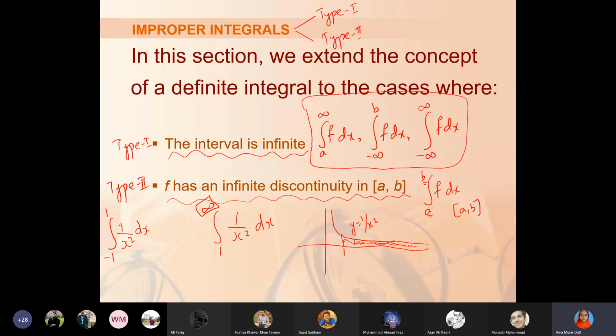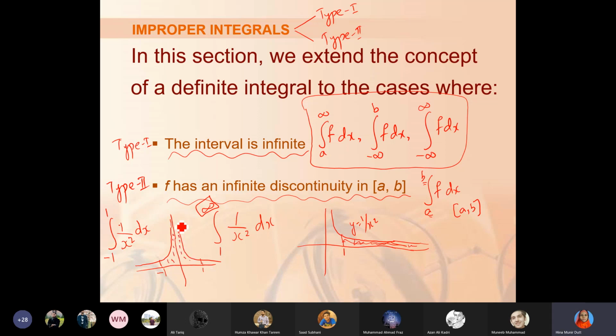Both of the limits of integration are finite, but 1 over x square becomes infinite on this interval -1 to 1, that is at 0. When I draw this curve y is equal to 1 over x square, this would be my graph, and my region is, since f of x is positive, the area under this curve from -1 to 1.